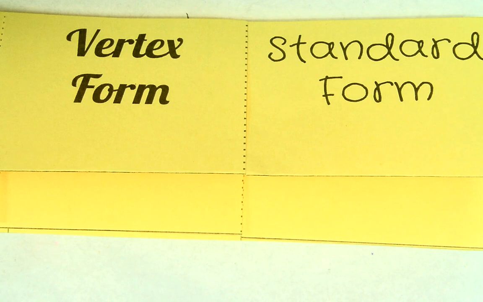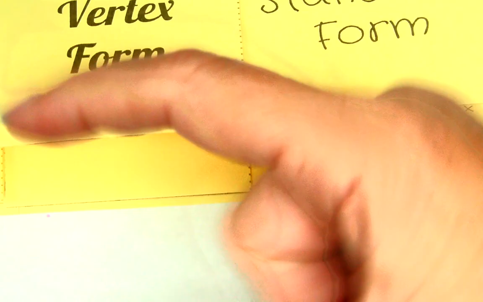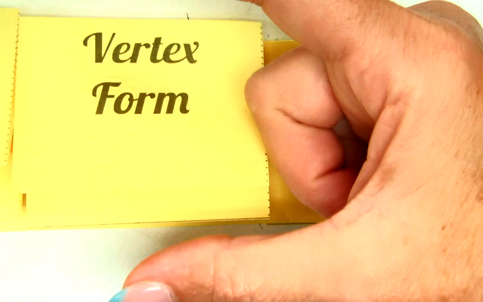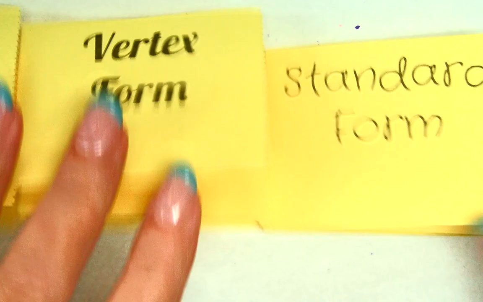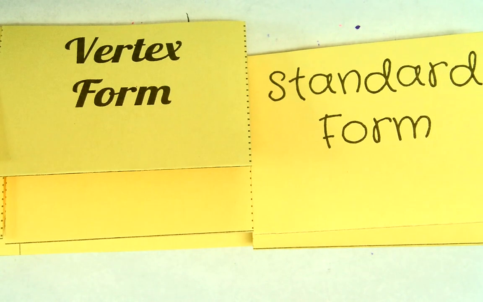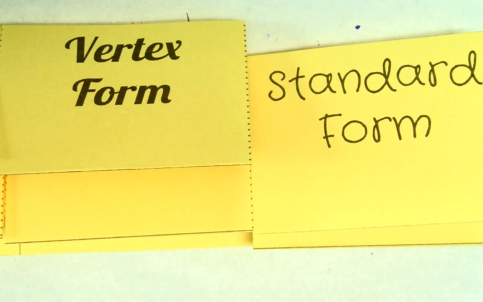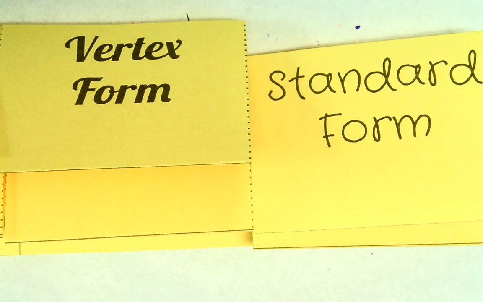The vertical line test, right? So that means the parabola is either going to open up or down, right? It's not going to open sideways because sideways wouldn't pass that vertical line test, right? So only parabolas that open up or down. Are there parabolas that open left and right? Are there parabolas that open diagonal? Yes, right? We're not ready to talk about any of those. We're only ready to talk about parabolas that open up or down.